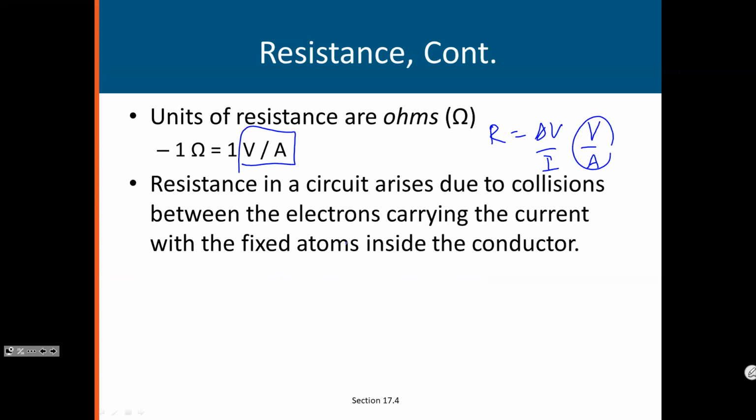Ohm is the person who discovered this relationship and defined the resistance as the potential difference divided by the current. So the unit for resistance will be volt per ampere, but we call it ohms. Again, because he's the one who defined the resistance, so ohms.